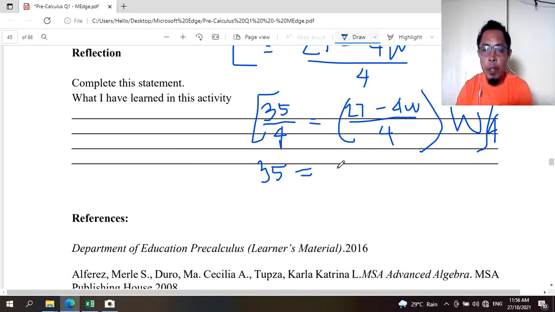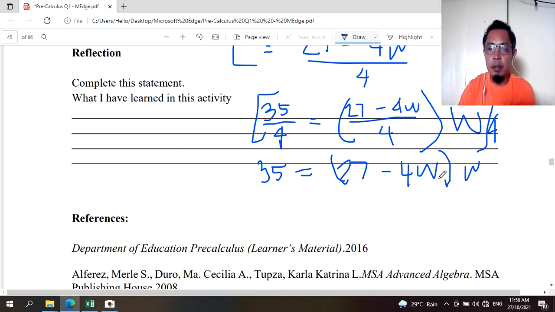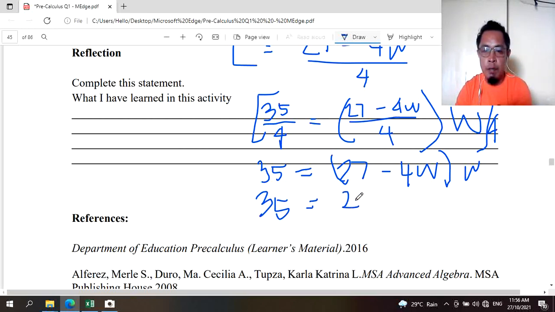So we have 27 minus 4W times W. Simplifying that further, we have now 35 is equal to 27W minus 4W square.